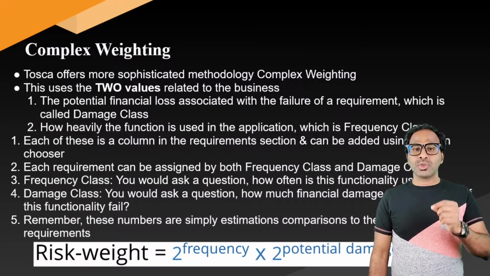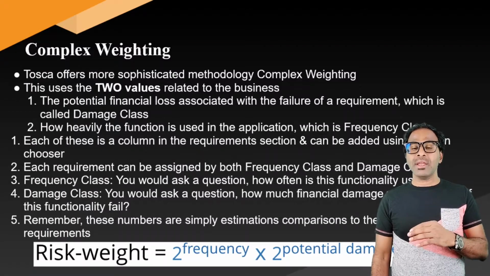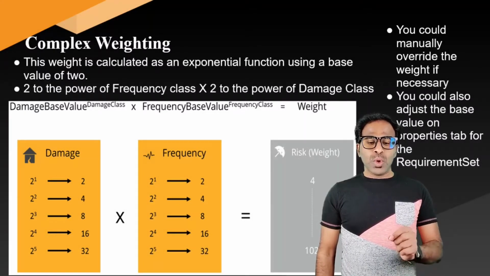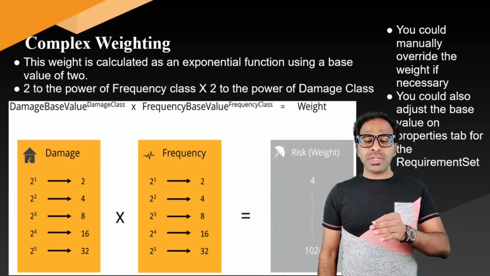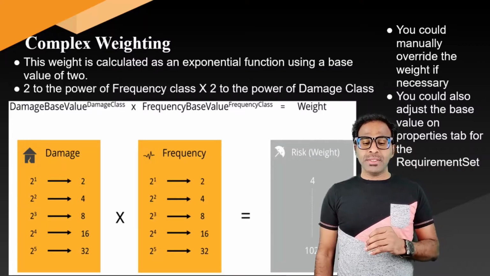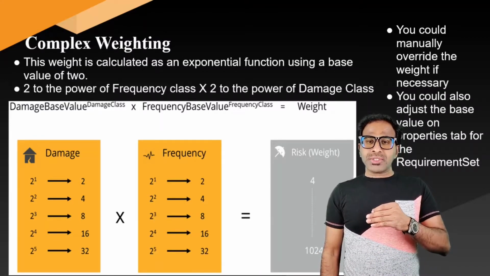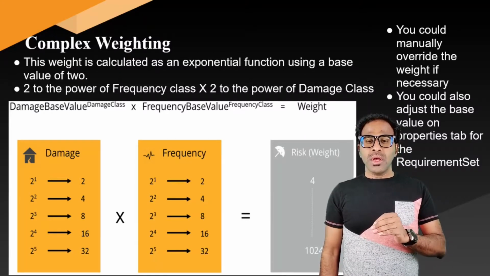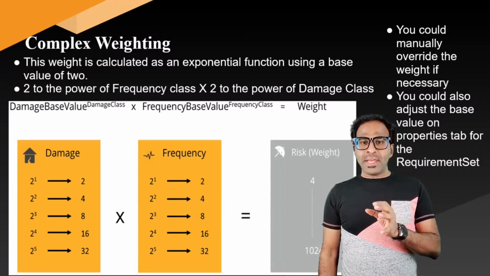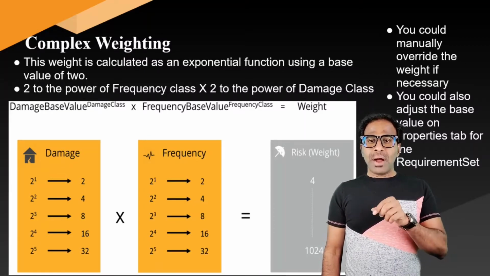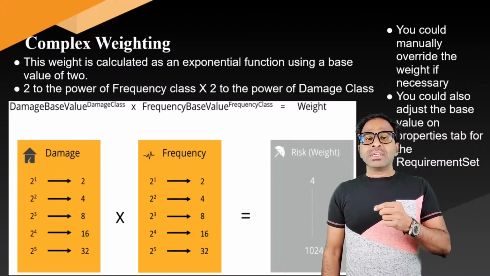So risk weight is equal to 2 to the power of frequency multiplied by 2 to the power of potential damage. This weight is calculated as an exponential function using a base value of 2. So generally Tosca uses 2 as the base value. That means the formula for the complex weight becomes 2 to the power of frequency class multiplied by 2 to the power of damage class.